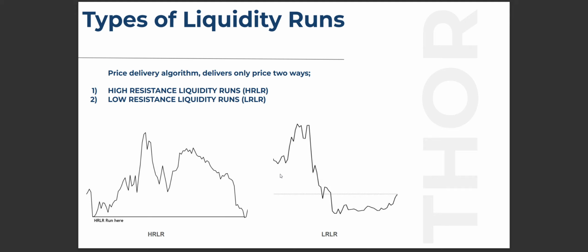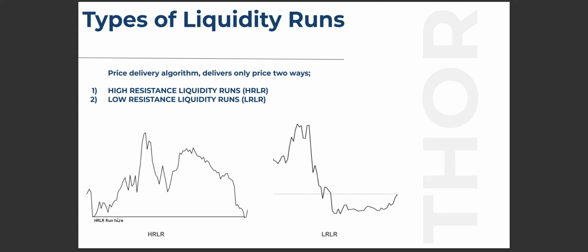And the second type is low resistance liquidity runs, LRLR. Understanding these types is really crucial for me because it allows you to be flat for the day or the week, whatever the case is, or it'll tell you when you should be trading.